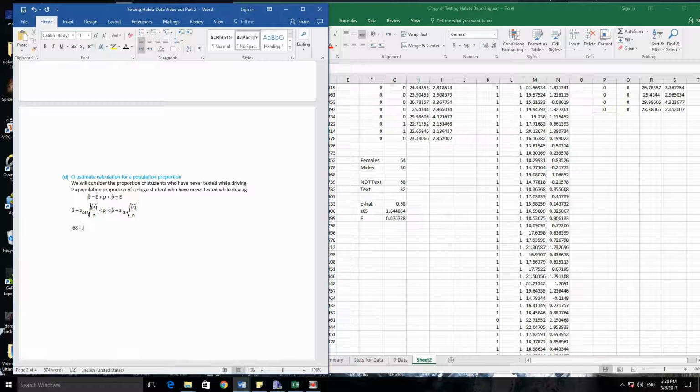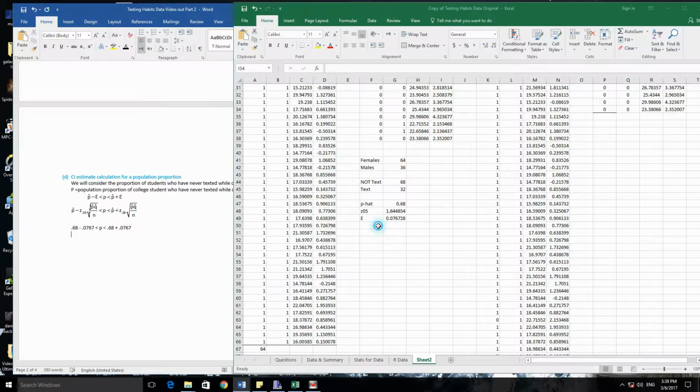So I'll estimate that as 0.0767, and that's going to be less than P. Nope, I wanted to put spaces there. And then the same thing, only with a plus sign. We'll change that to a plus. So there's the confidence interval for P.